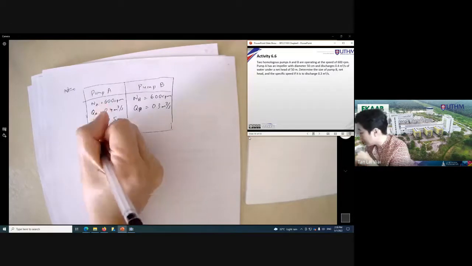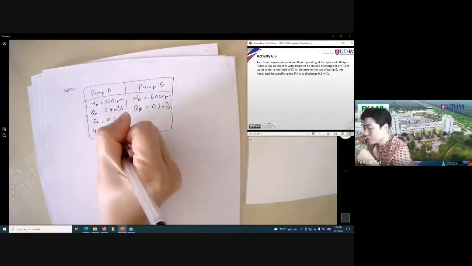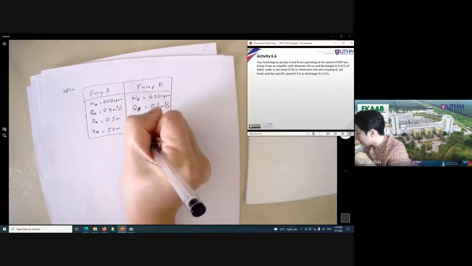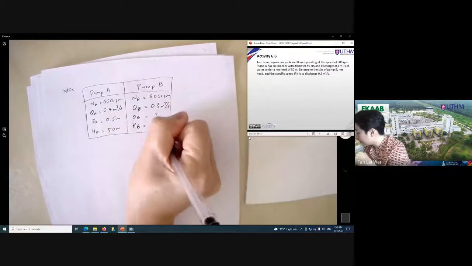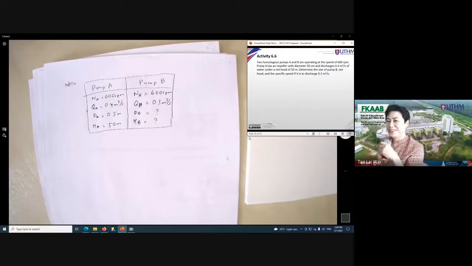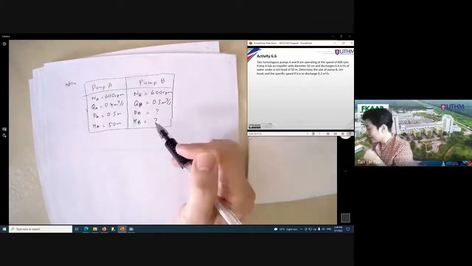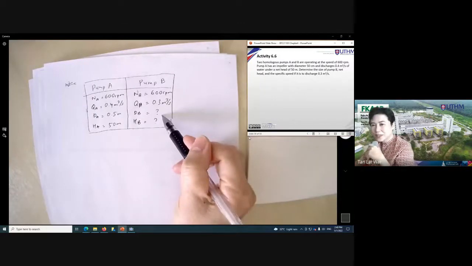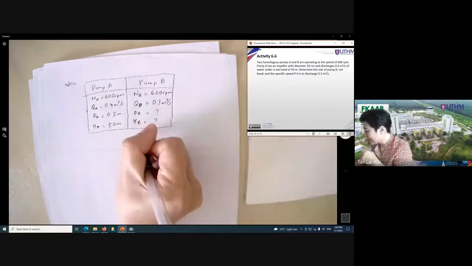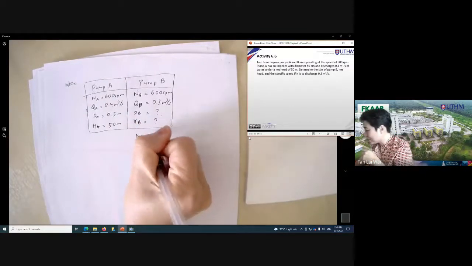The head, which is 50 meter. This is not available here. Now, you are asked to find dB and you are asked to find HB as well as Ns, which is specific speed.